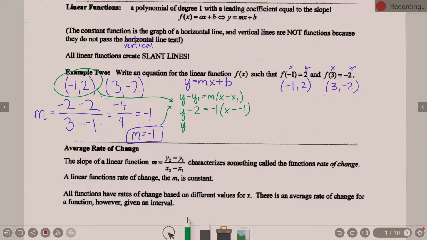So I'm going to say y minus 2 equals, let's see, minus a negative is really plus, and then if I distribute that negative 1, it becomes negative 1x minus 1. If it's y minus 2, I can add 2. So I end up with y equals negative x plus 1.